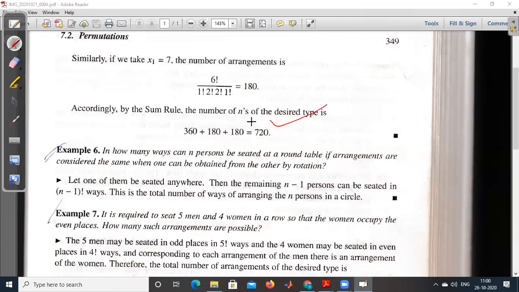The number of ns of the desired type is 360 plus 180 plus 180. So 720 we got.